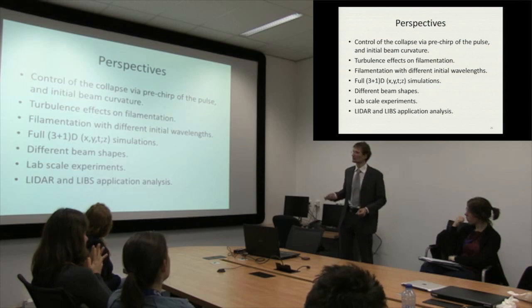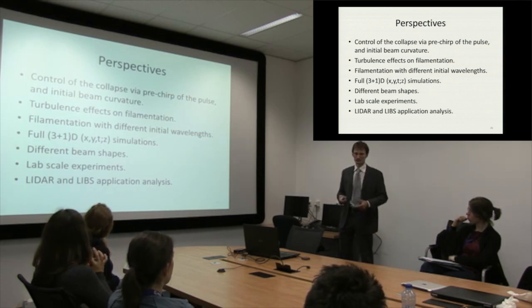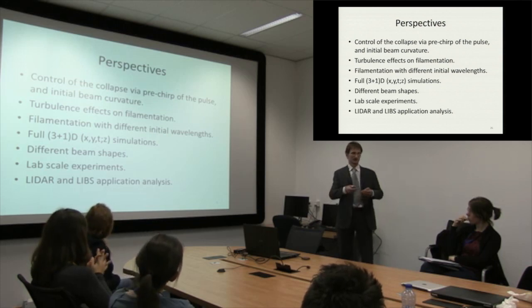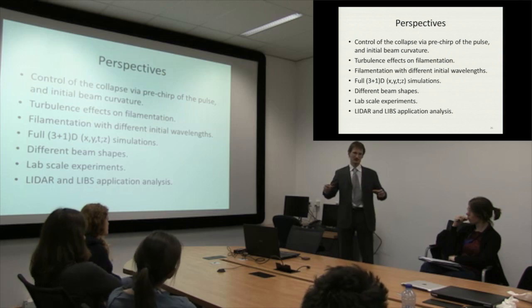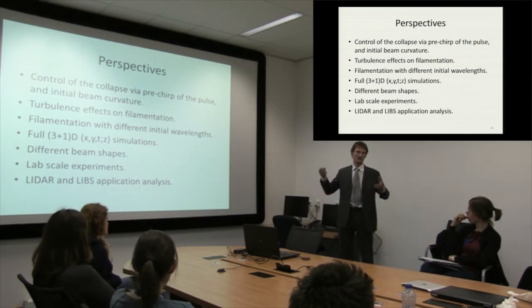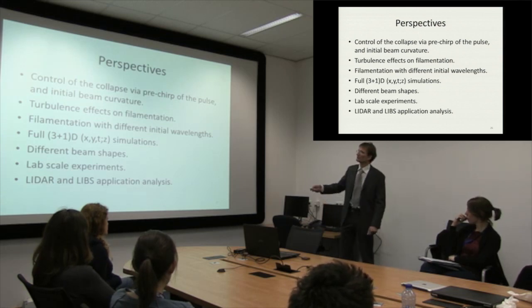However, we know that it will not affect it a lot once the filament is formed, because the turbulence scale is larger than our filament. But maybe in the initial propagation we need to account for turbulence. Nevertheless, it is a very underdense medium.